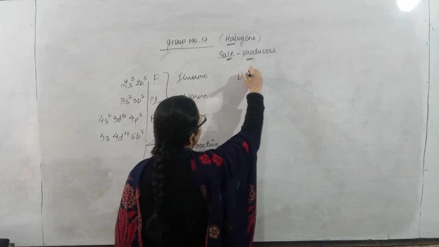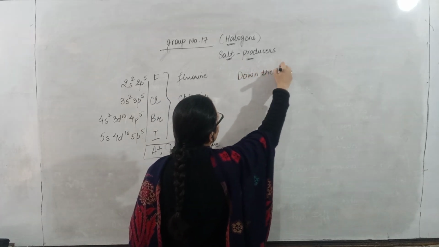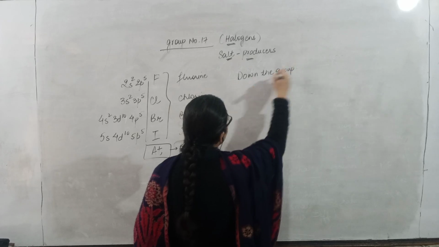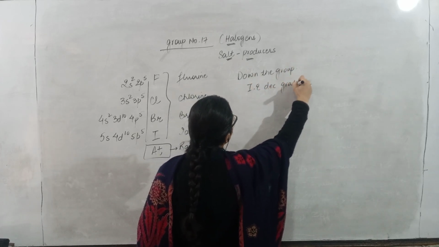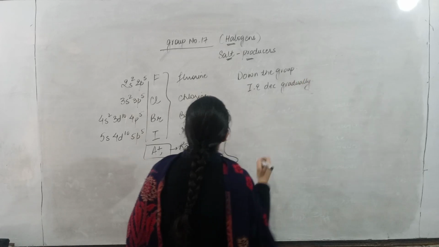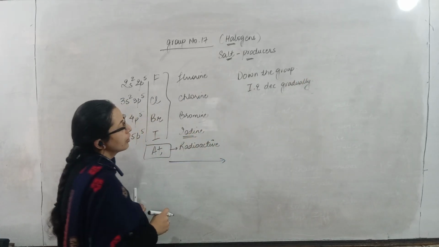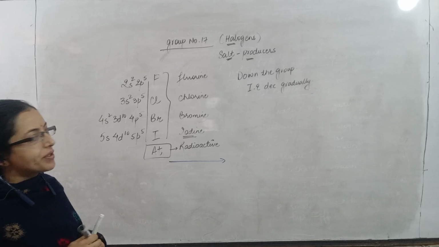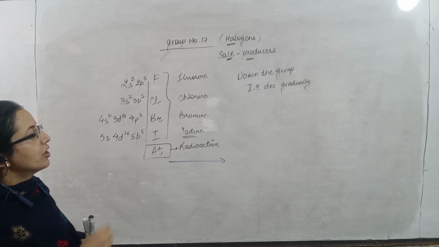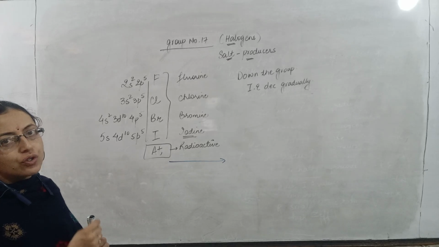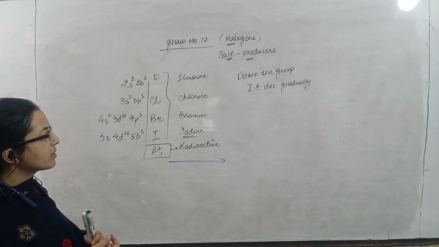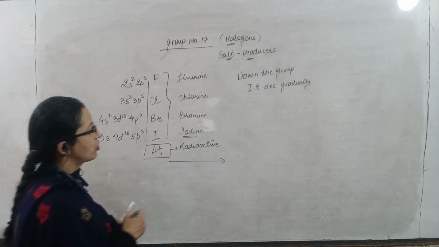So down the group, ionization enthalpies decrease gradually. In the case of iodine, we hear of the iodonium ion, I positive ion formation. Because down the group IE is decreasing, it is possible to remove an electron from the outermost shell.